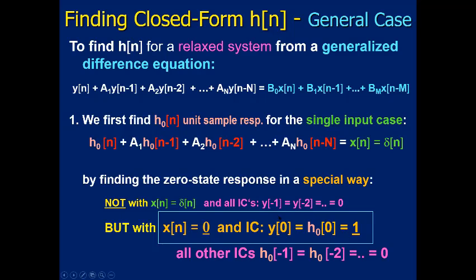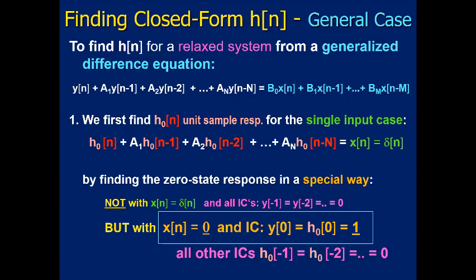Namely, we set the output at index n equals 0, which is the value of our single input case unit sample response at n equals 0. We set that equal to 1.